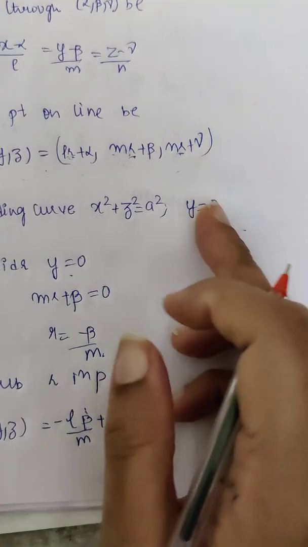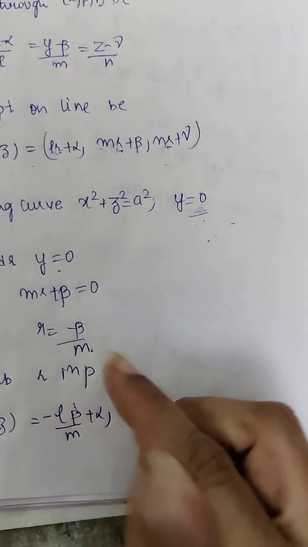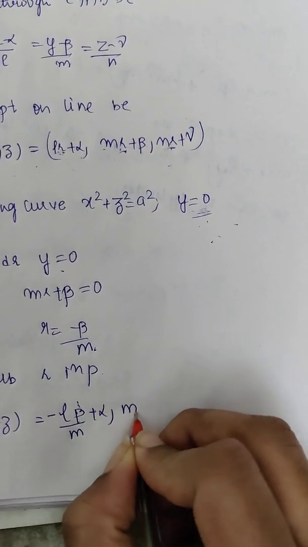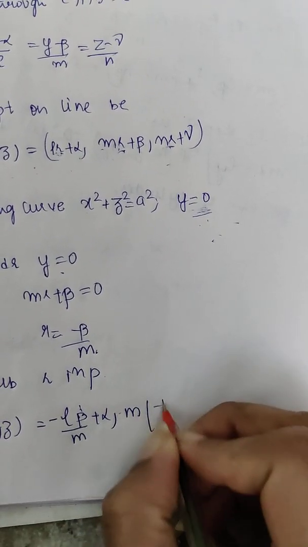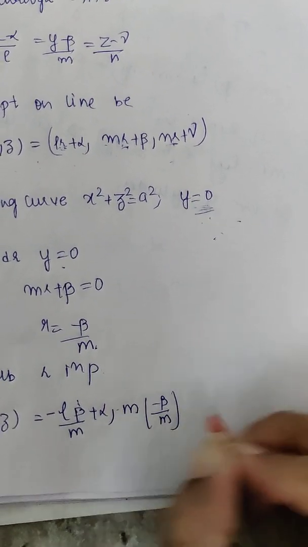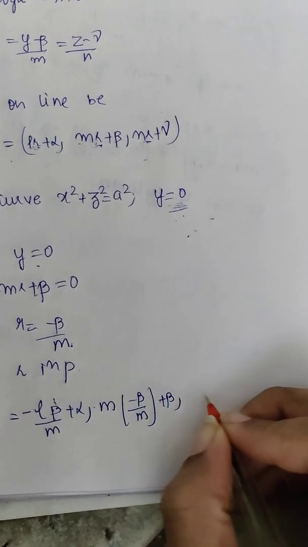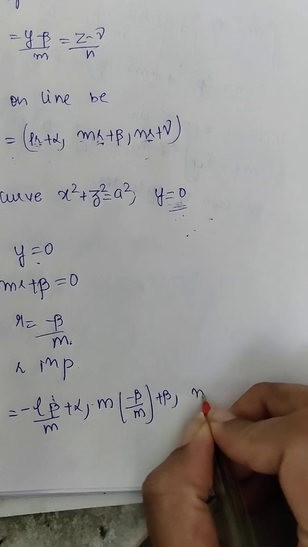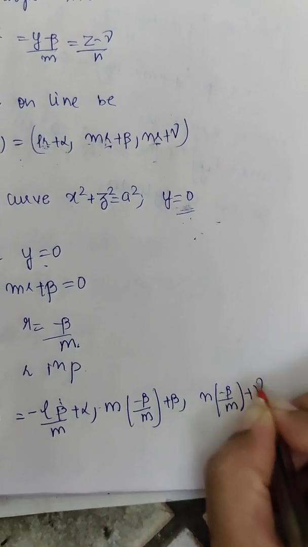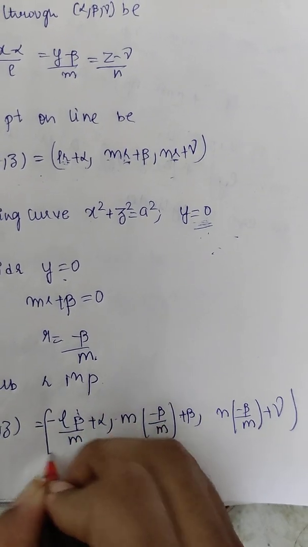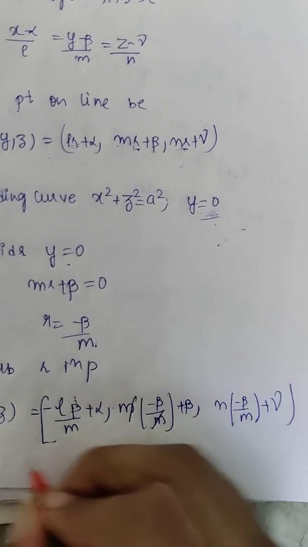From next time, if y is 0, directly I'm going to plug in 0 in the place of y. But let me see this, m into r is what? Minus beta by m plus beta, comma n r plus gamma. m and m will get cancelled, plus beta minus beta, so the second term would be 0.